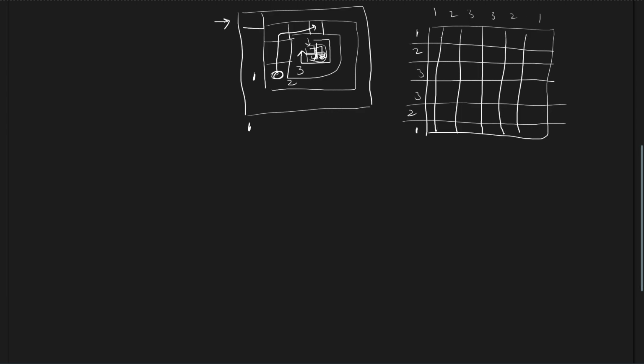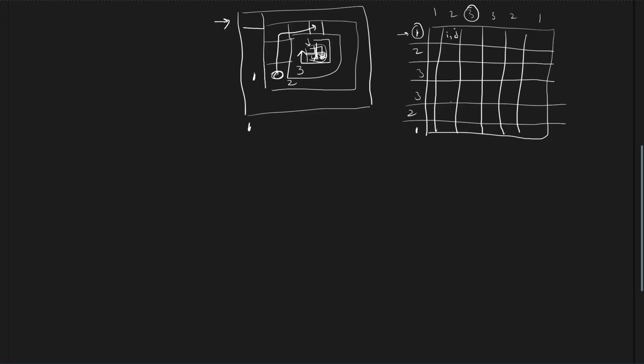You would always observe that the level of any cell i comma j is always the minimum of the ith value, this particular thing which I have written, and the jth value, this particular thing which I have written. So this is not exactly the index of that particular cell, rather I have given it some values.